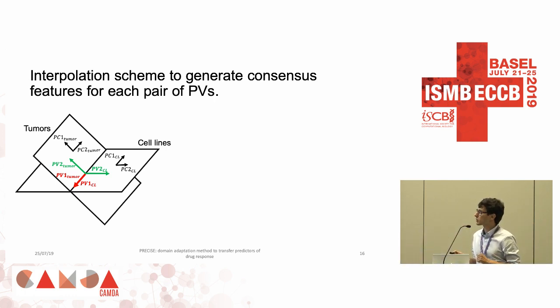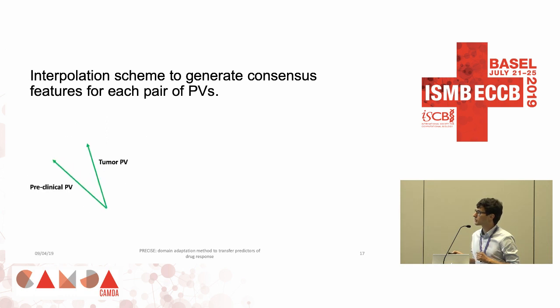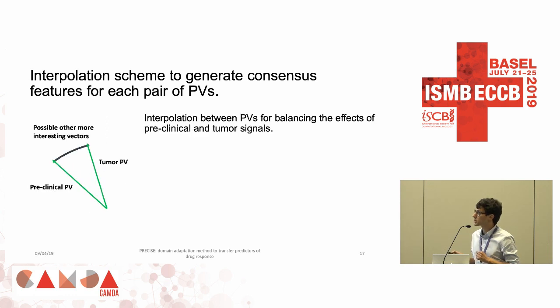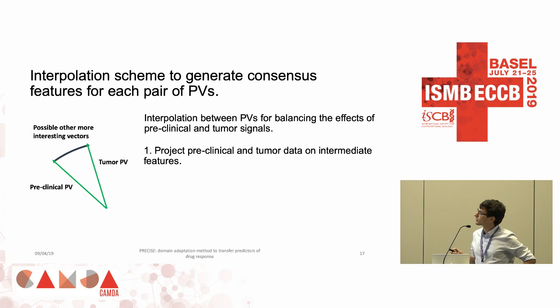But for the second pair, what we do is to perform an interpolation between the preclinical principal vector and the tumor principal vector to find one possible interesting factor that will basically balance the effect between cell line and tumor. And for that, we first project the data, so preclinical data and tumor data, on each of the points in between, so we discretize it, of course.